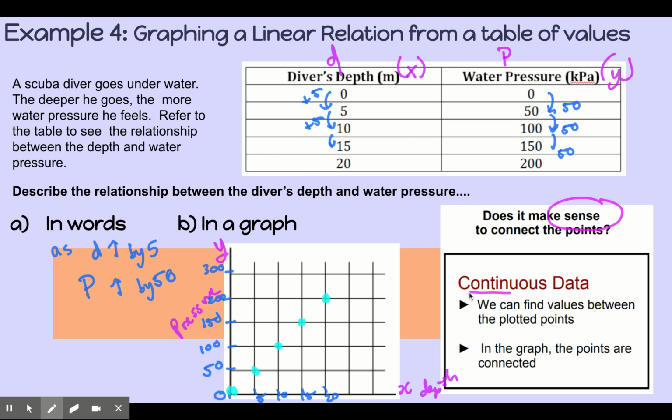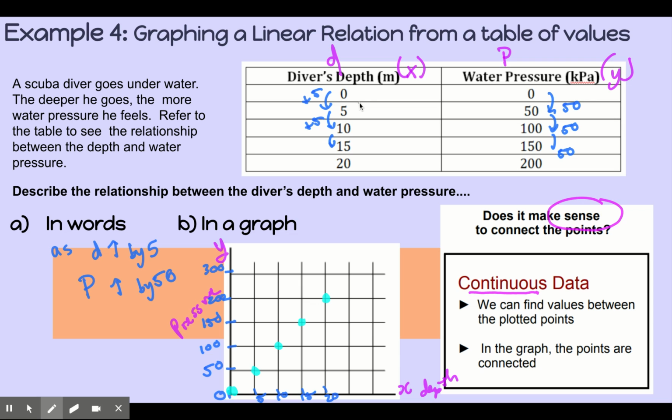So here's your first definition. This would be a good thing to write down. Continuous data is when you can find values between the plotted points. So that means that we would then connect the dots because you could find a point anywhere in between the points that are actually plotted. So if we look at our word problem, does it make sense that you could have a diver's depth between 0 and 5?